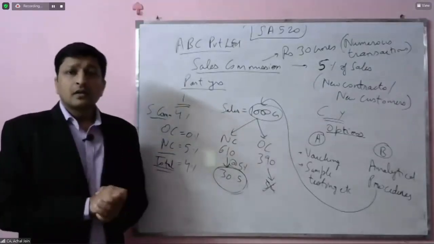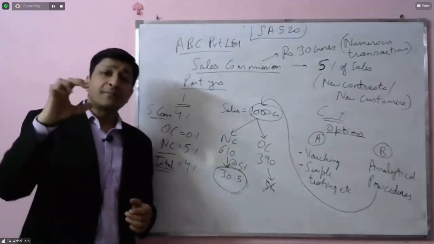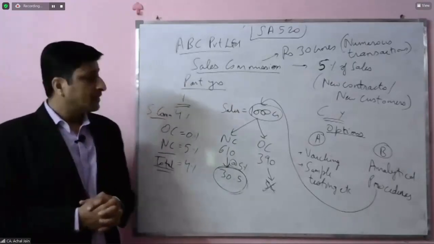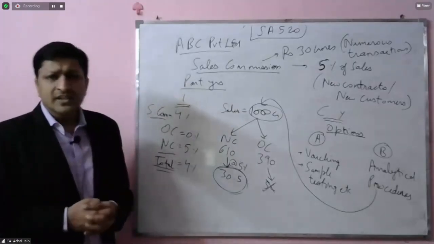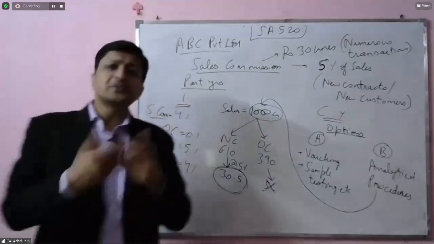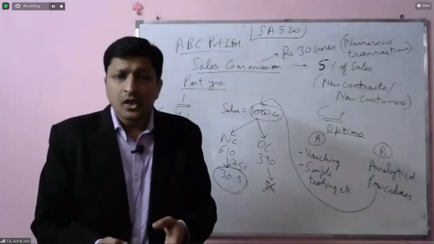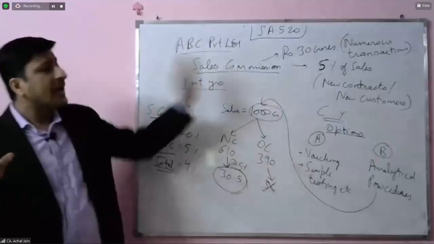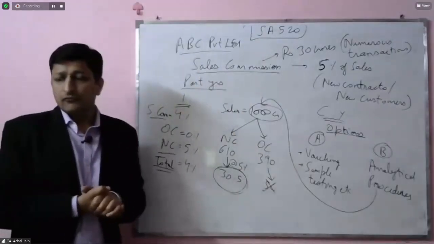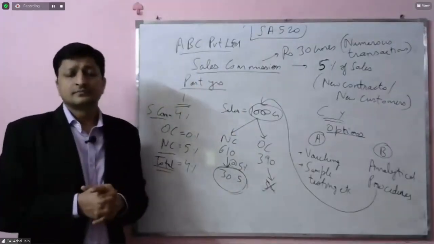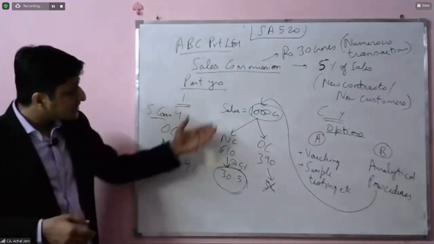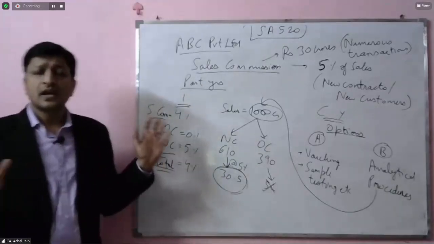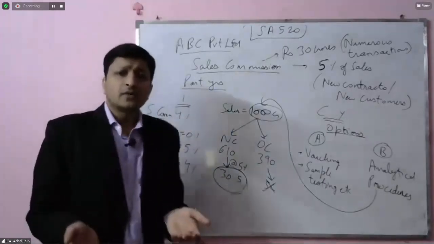But just by performing option number B, or can we say that by performing only procedure number B, auditor would be done in terms of this entire sales commission area, which is of huge amount? Can we say that just by drawing this analysis, it will be good enough on the part of the auditor?